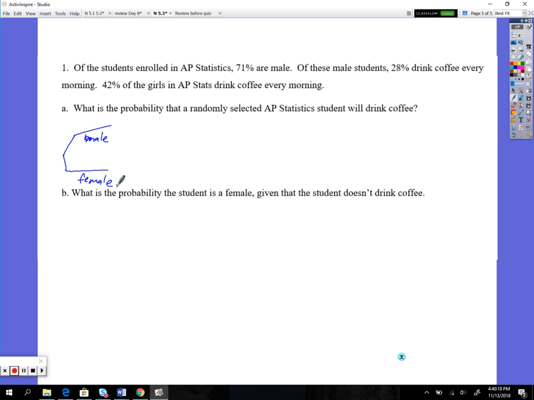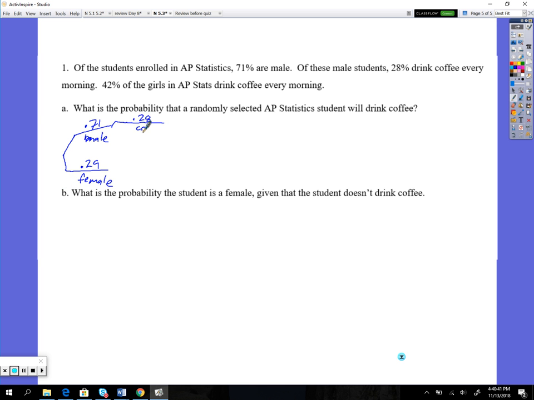Each branch off should always add up to 100%. So that means if 71% of AP Stat students are male, that means that 29% are female.